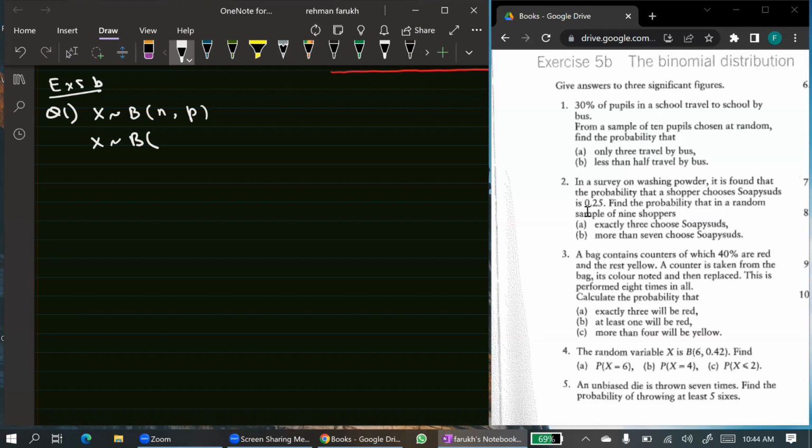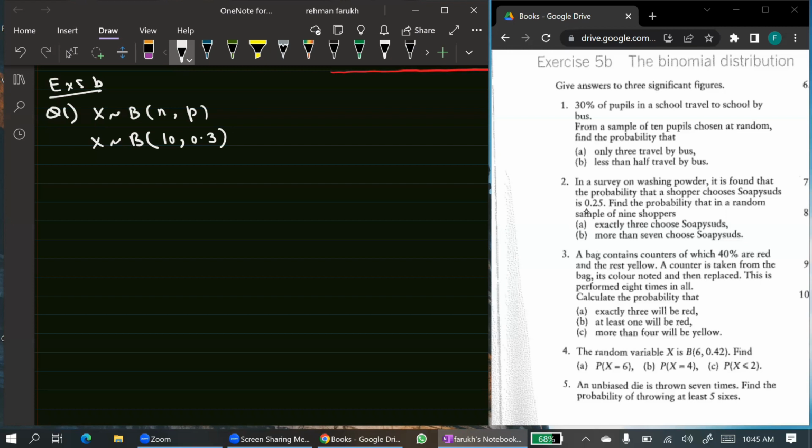The total available students are 10, and the probability that he will travel to school by bus is given, that is 30%, that is 0.3. First of all, we will write down this definition in all the questions, whether it is a normal distribution, a binomial distribution, or a geometric distribution.